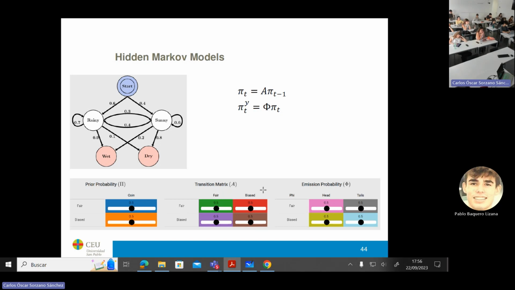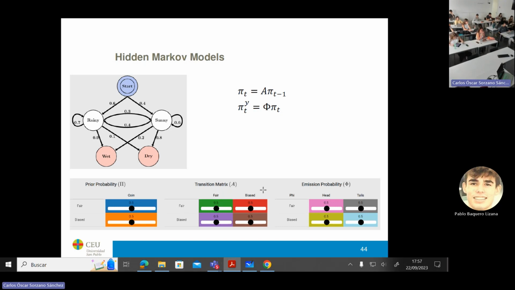And so there are some hidden states that you cannot look at. And if it is a rainy day, the probability that that person is wet is 0.9. If today it is raining, the probability that that person enters dry is 0.1. And you have the corresponding probabilities for sun.